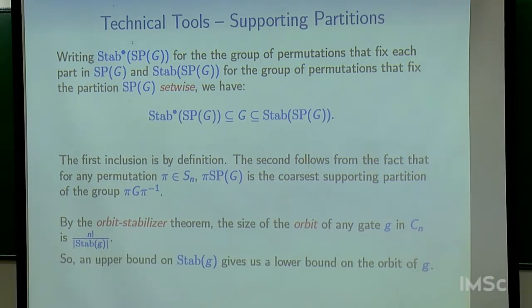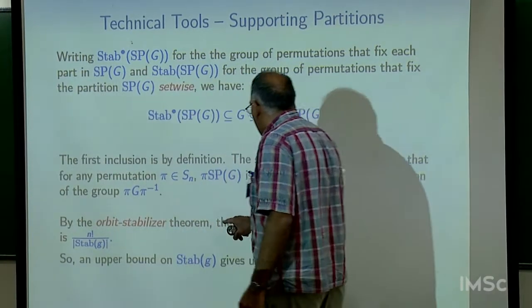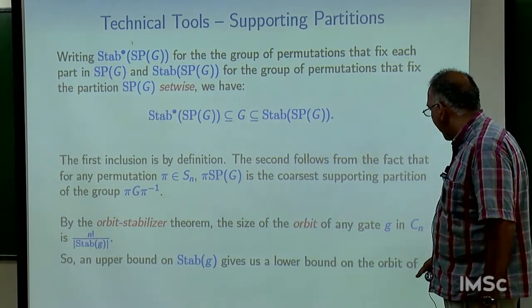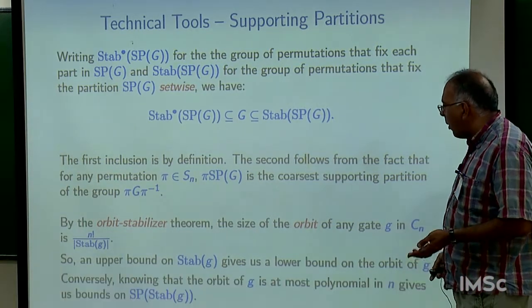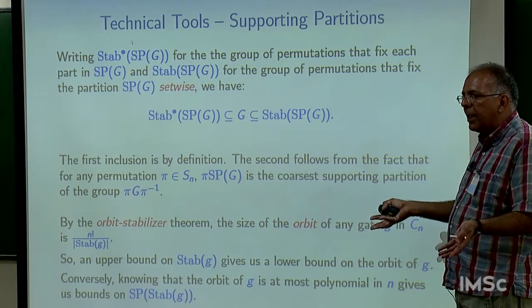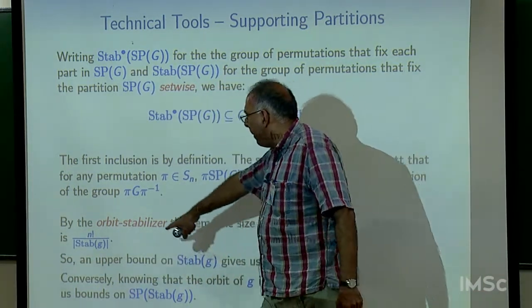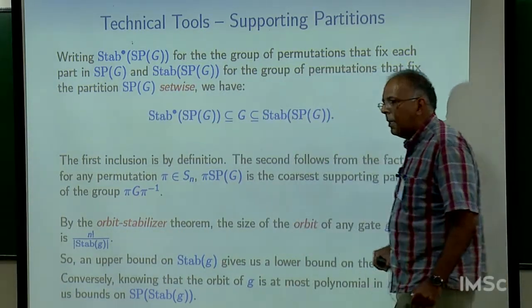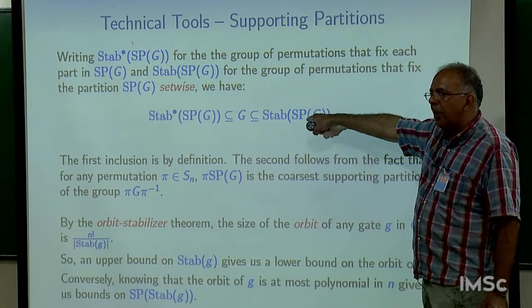So we want to get an upper bound on the stabilizer because that gives us a lower bound on the size of G. Or conversely, if we know that the orbit of G is bounded because we're in a polynomial size circuit, that gives us a lower bound on the size of the stabilizer, and we're going to use that to extract bounds on the size of the supporting partition.